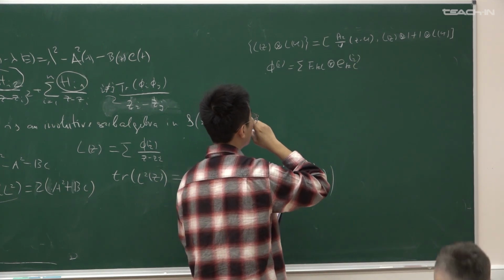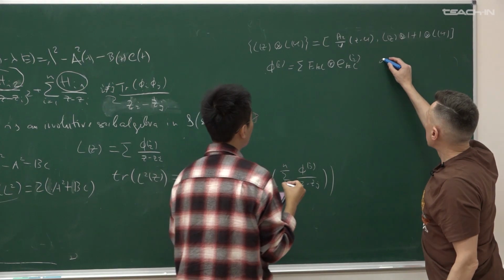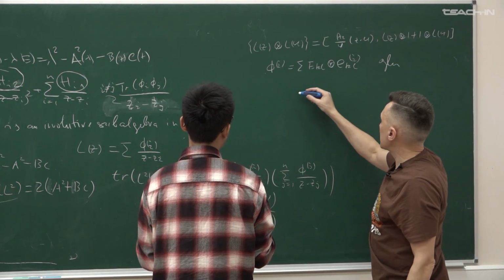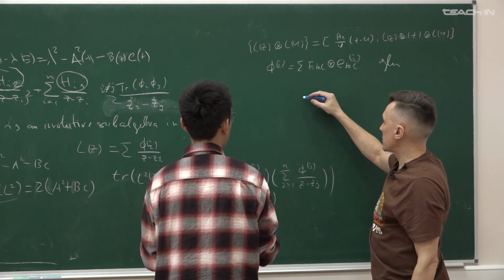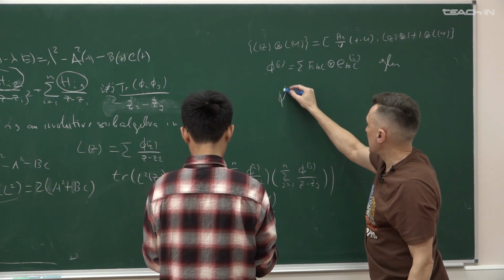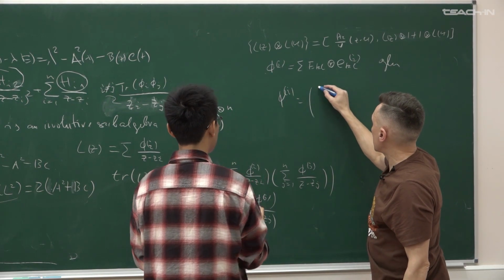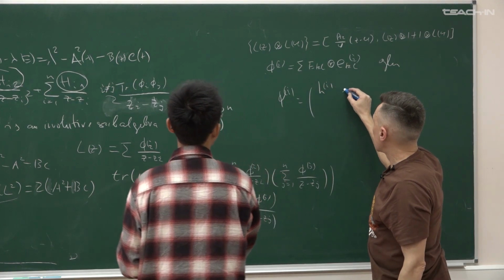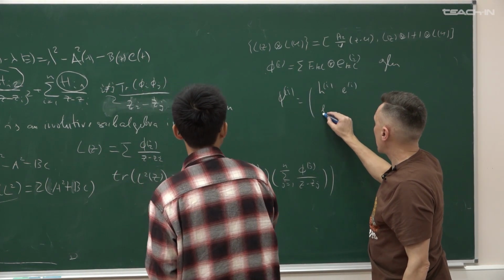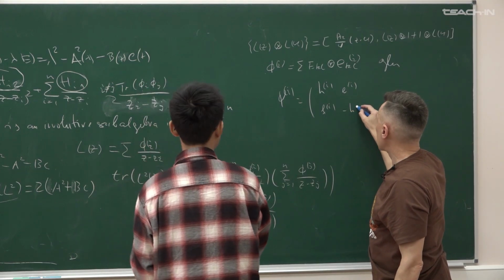Okay, it was the general form for GLN. For SLN, it was a little bit specialized. So phi I is HI, EI, FI, minus HI.